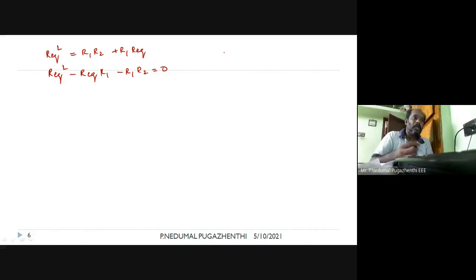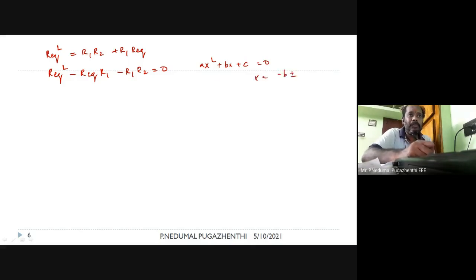Okay, so this is again a quadratic equation. You can see that it is like ax squared plus bx plus c is equal to 0. So to find the value of x, what is the formula? The formula is minus b plus or minus square root of b squared minus 4ac, divided by 2a. This formula is already known to you. This equation is looking like that. So what is R equivalent?